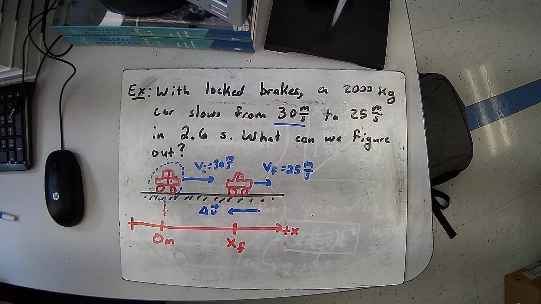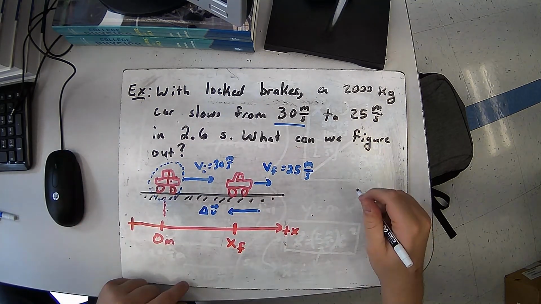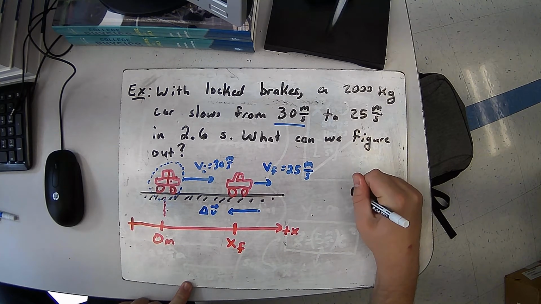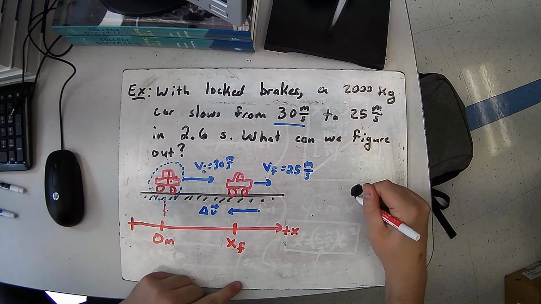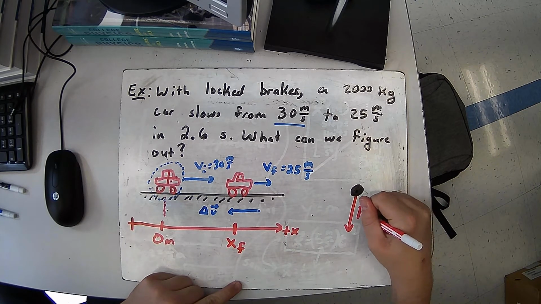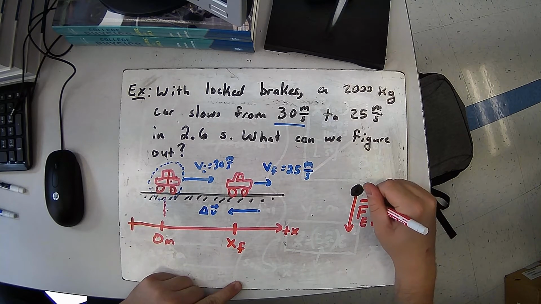Maybe we want to draw some more things. Free body diagram problem. I'm going to take this system, shrink it down to a single point particle. And let's see, what forces are acting on it? There's the downward force that the Earth exerts on the car.